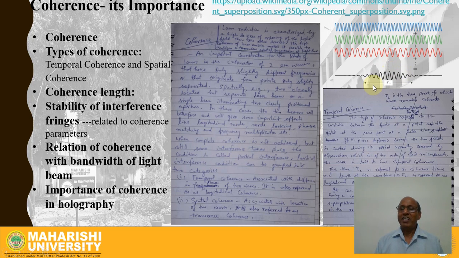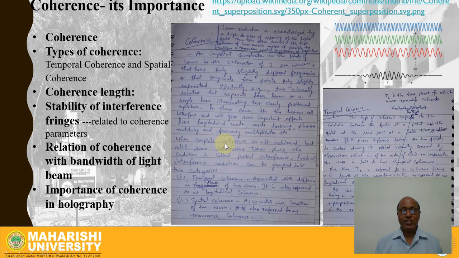So we define a factor tau c as a coherence time till which the coherence is maintained, and there is never a perfect coherence. So we define it in terms of a degree of coherence, and this can be defined in terms of tau c also.